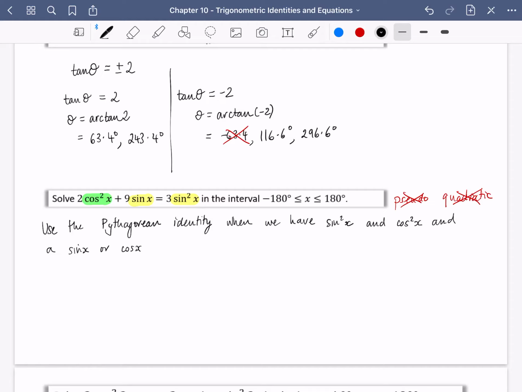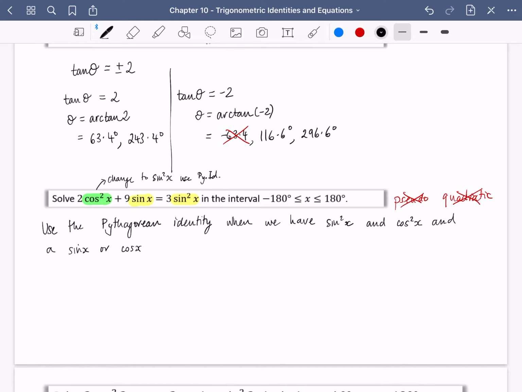In this particular case, we can change this cos squared x to sine squared x using the Pythagorean identity.